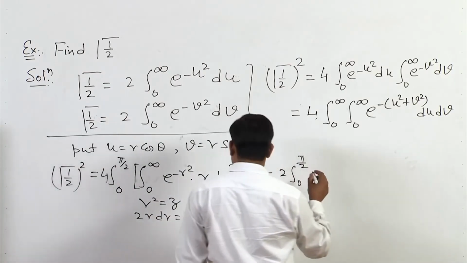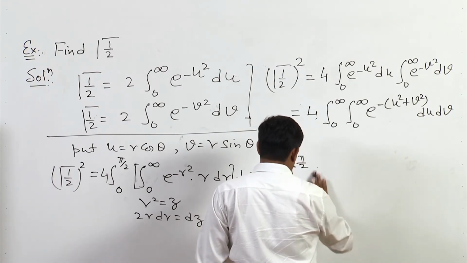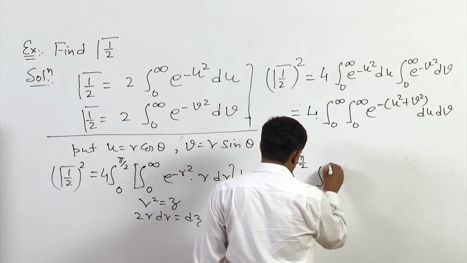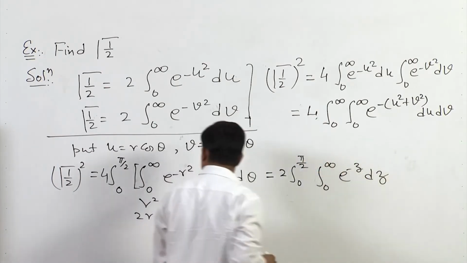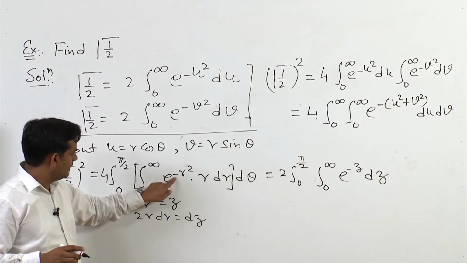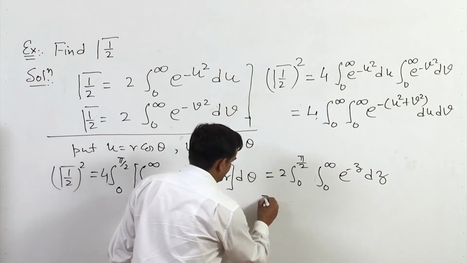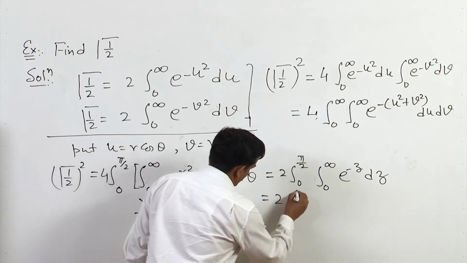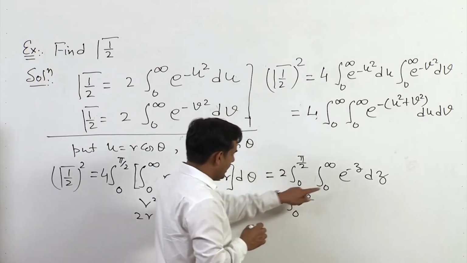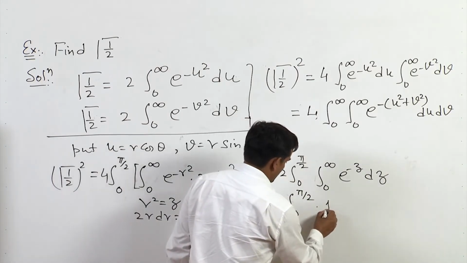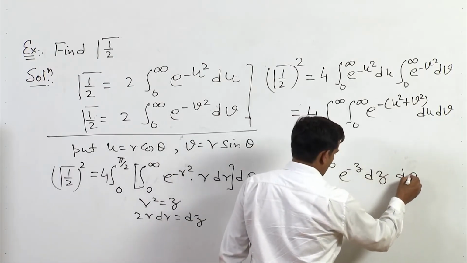So, ∫ zero to infinity e raised to power minus z dz, 2 ∫ 0 to pi by 2, and this will come out as 1, and sorry, d theta is also here.